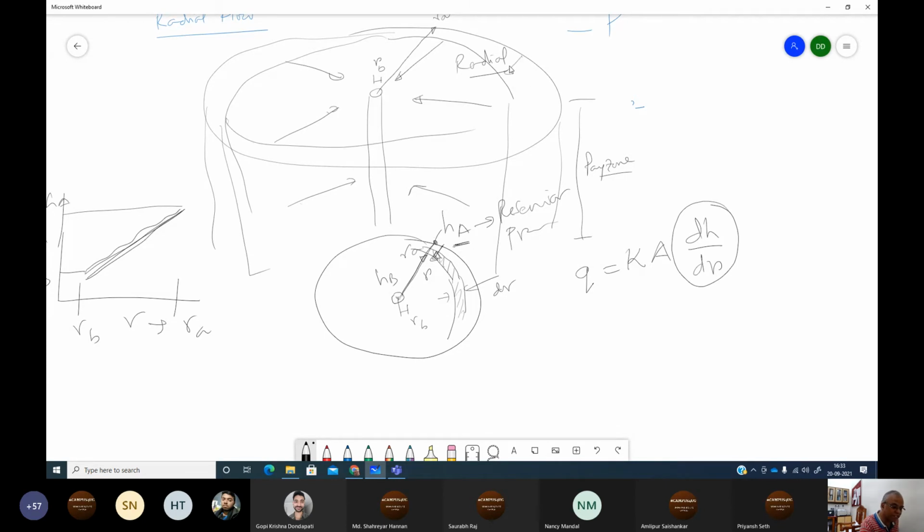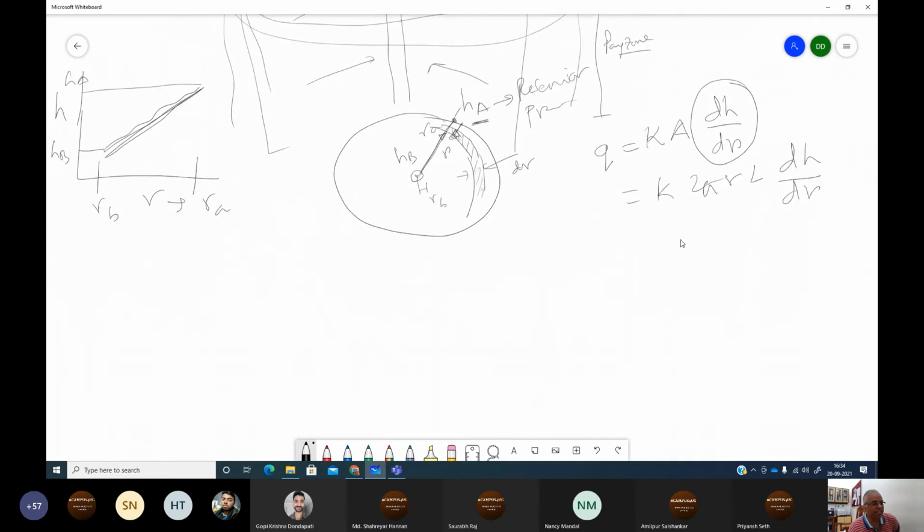So this will be the area: 2 pi r into the length of the pipe, or the reservoir rock, whatever you call it. So this is now becoming my differential equation.